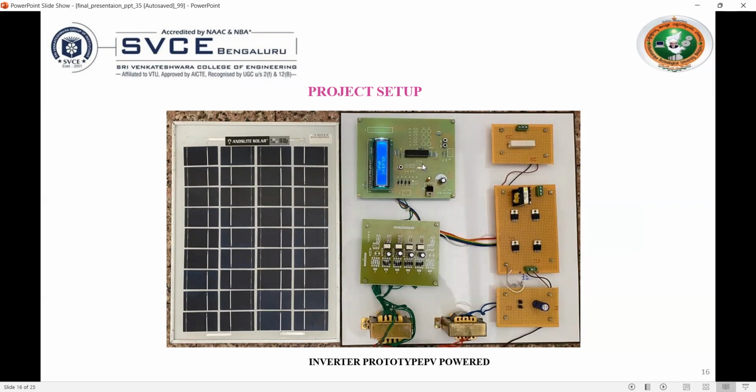And using this controller, we'll be triggering this. It will be giving PWM waves to our inverter MOSFETs. So it will trigger the MOSFETs, and the MOSFETs will act as open circuit and closed circuit.